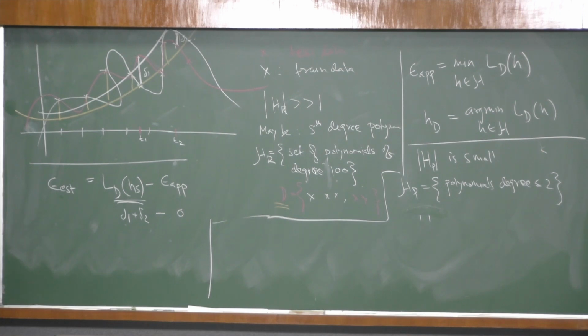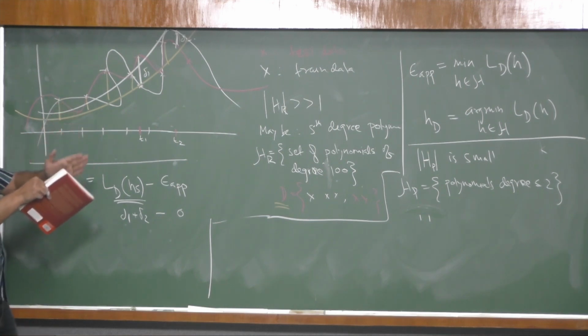So what this says in this case is that since your H is restricted, the error that you are going to make with the white one may be closer to the error that you are making with the yellow one, because you did not allow them to vary too much, because both chose quadratic.